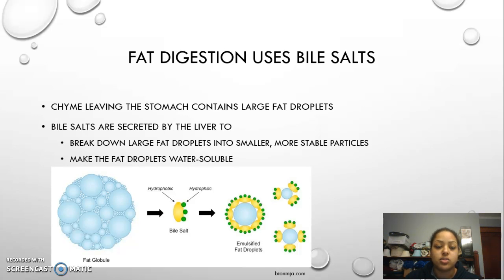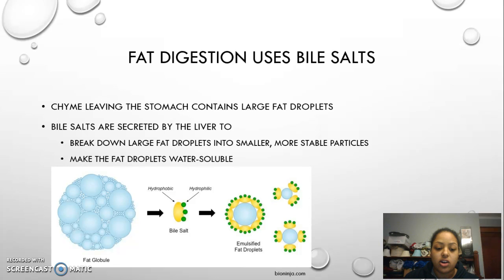These bile salts will break down the large fat droplets into smaller, more stable particles. The result is that there is more surface area, and the fat droplets are now water-soluble due to the coating of bile salts that are surrounding them.